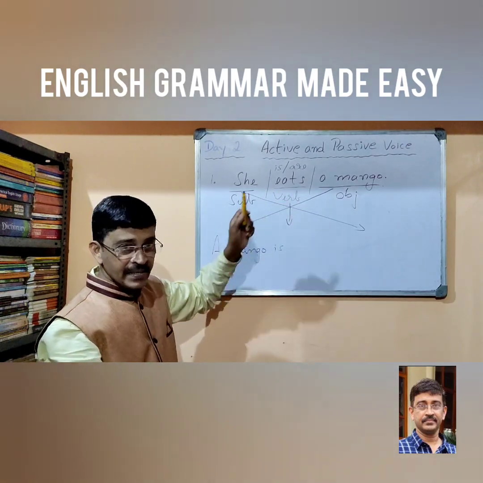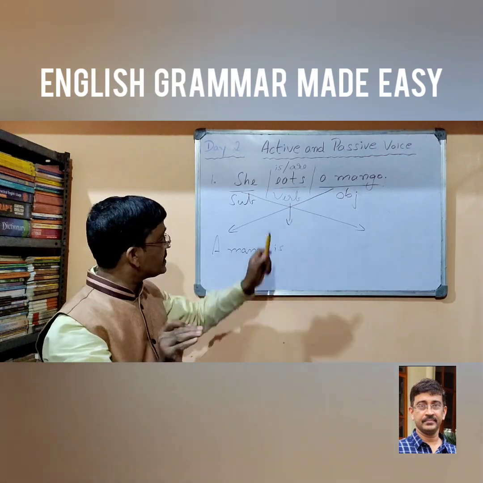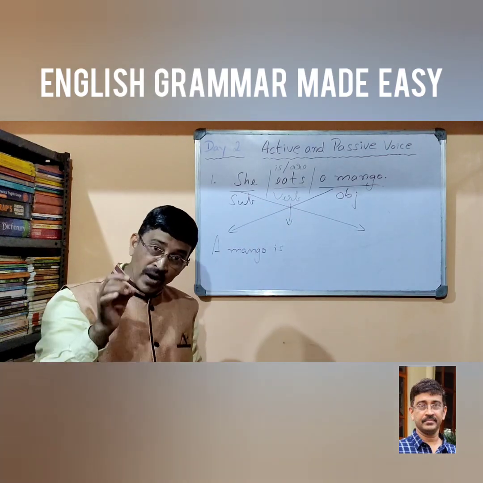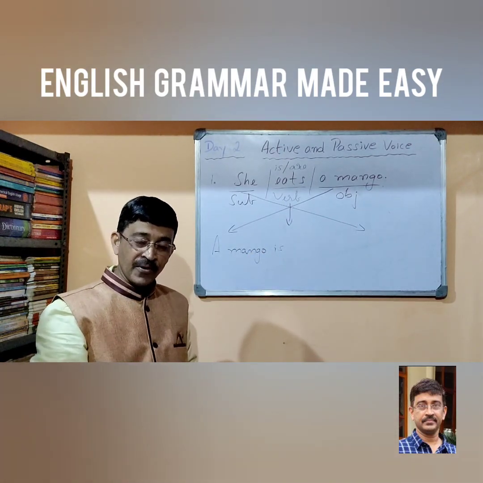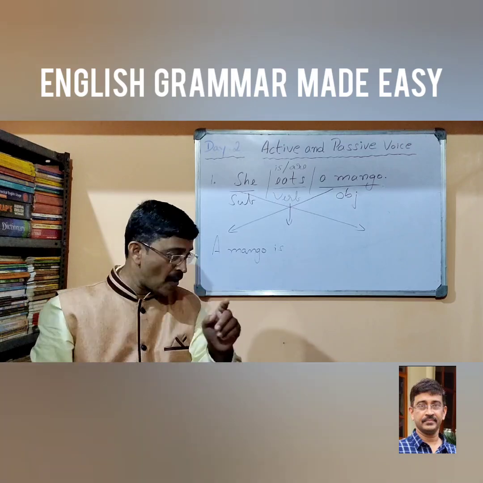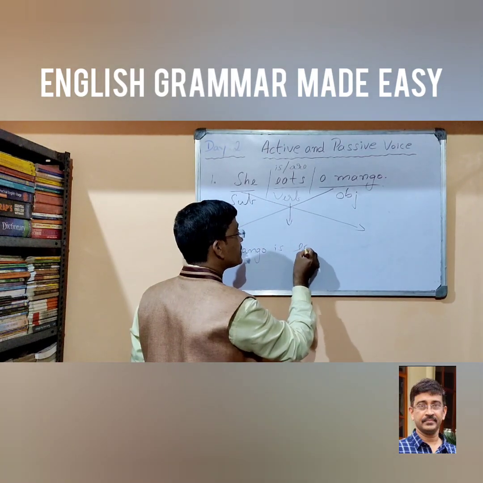Now here it is in the first form. What is the second form of this verb? Ate. What is the third form of this verb? Eaten. Therefore, you are going to take the third form and write here, a mango is eaten.